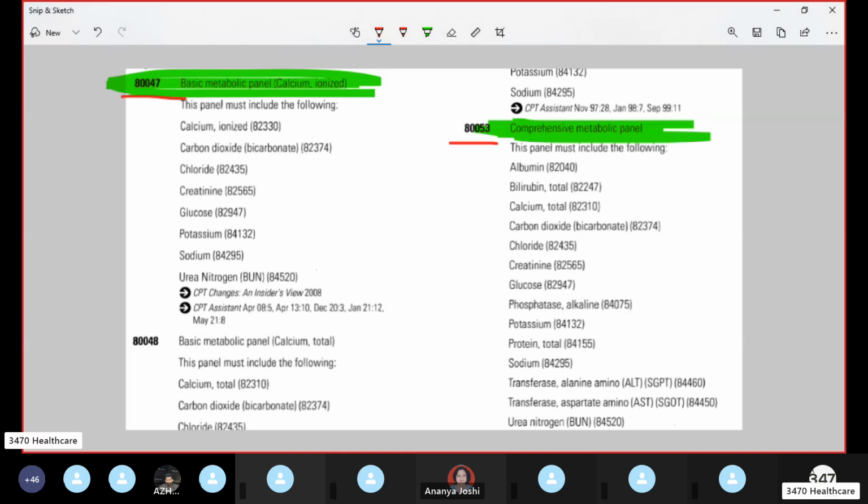As I said, higher panel code first; then for the smaller panel, if everything is in the higher, no issues. But if one test is not in the higher, code that test alone additionally.